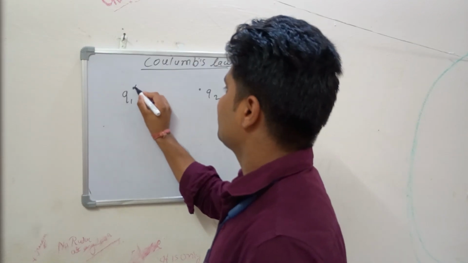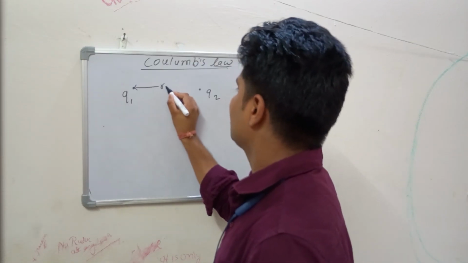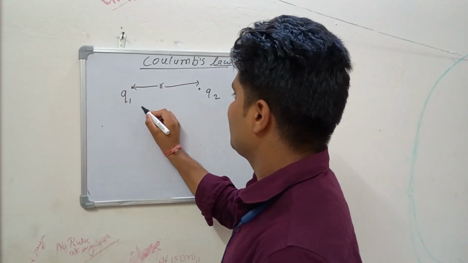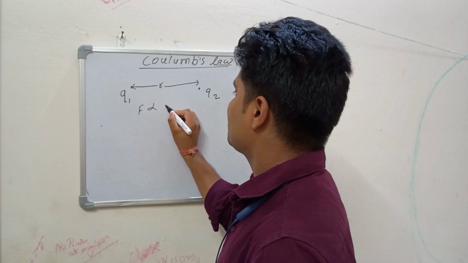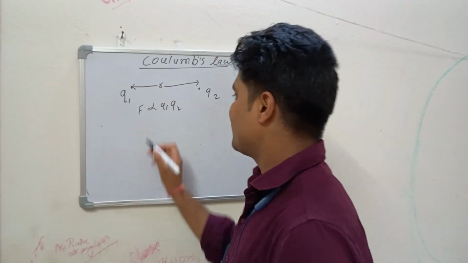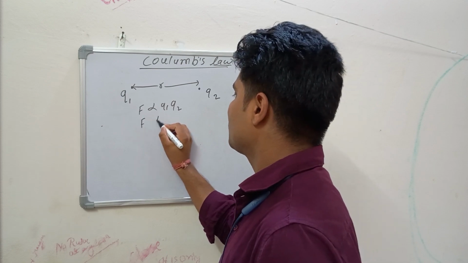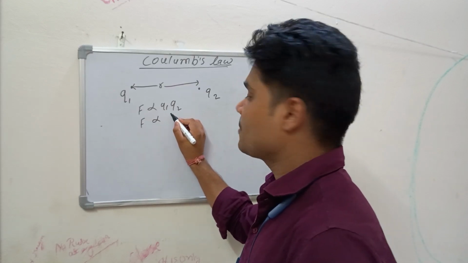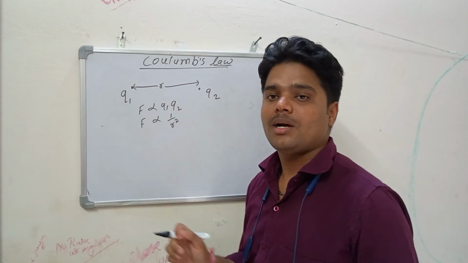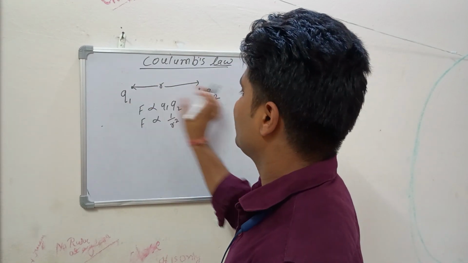The distance between both the charges, let's suppose, is r. Then Coulomb's law says F is directly proportional to Q1 Q2, and F is also inversely proportional to the square of the distance between Q1 and Q2.